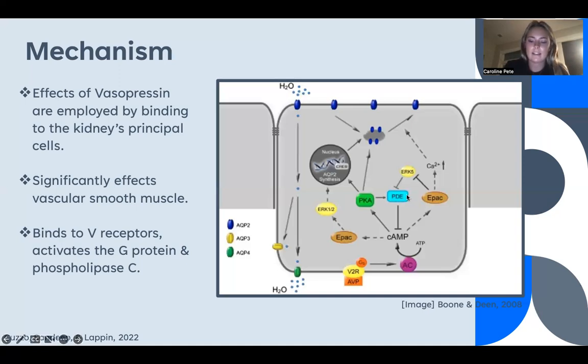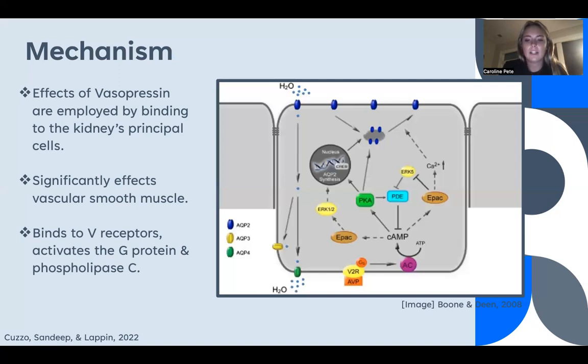And then the activity of PDE can be controlled by EPAC by inhibiting ERK5 right here, which also then inhibits PDE. And then you can see here that PKA also increases the AQP2 synthesis by inhibiting extracellular signal-regulated kinases 1 and 2.